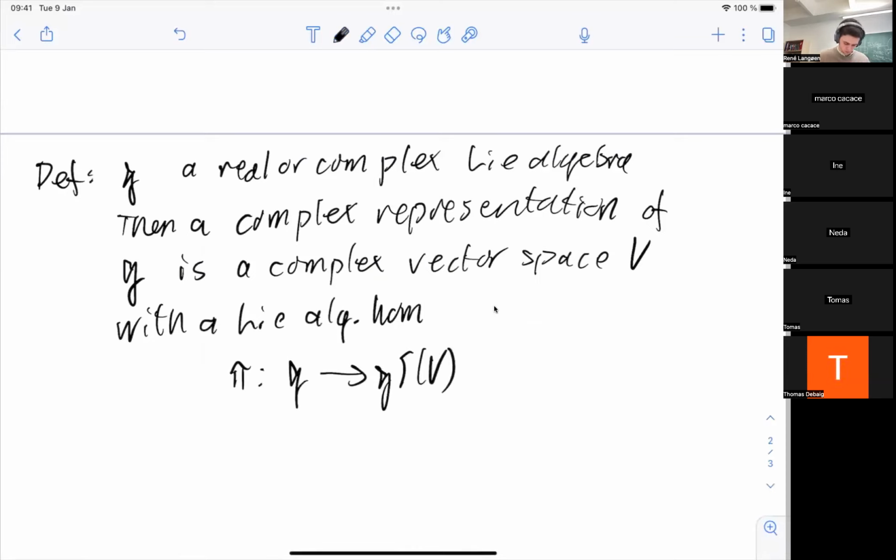So again, you're representing it as acting on a certain vector space.